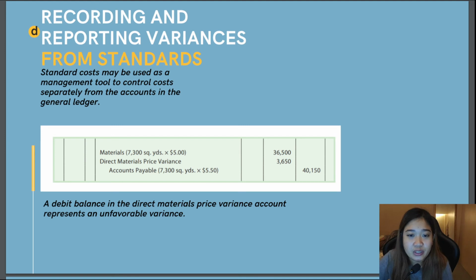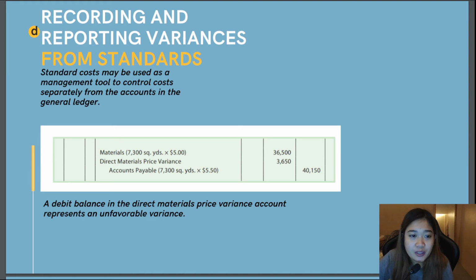The entry to record the purchase and the favorable direct materials price variance is debit materials, which is computed as 7,300 square yards times $5, which is 36,500, and debit direct materials price variance, which is 3,650. And on the credit side, accounts payable is computed as 7,300 square yards times 5.50 dollars, which we have 40,150.